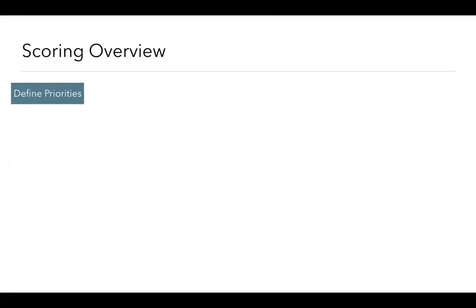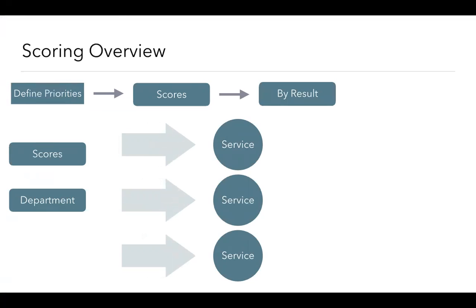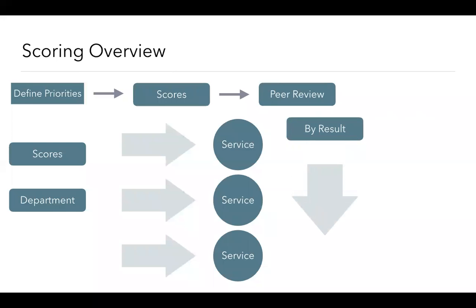Following that, your super users and the leadership team will go through and make sure that the scores that peer review returns make sense, and they will follow up with any corrections that need to be made or any further information that needs to be determined.